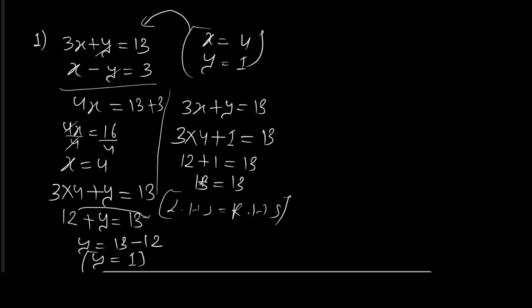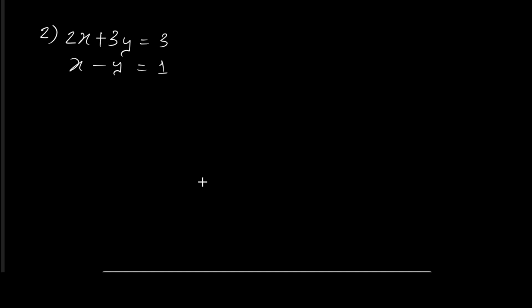Now moving to the next problem. In the previous example, the coefficients of the y variable in the two equations were opposite and immediately cancelled out when we added. But what if you don't see a variable that can be eliminated right away when you add the equations?